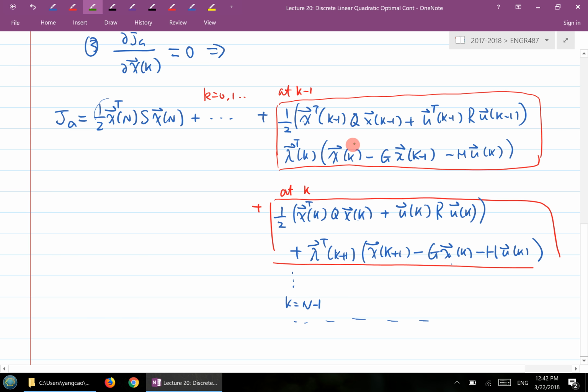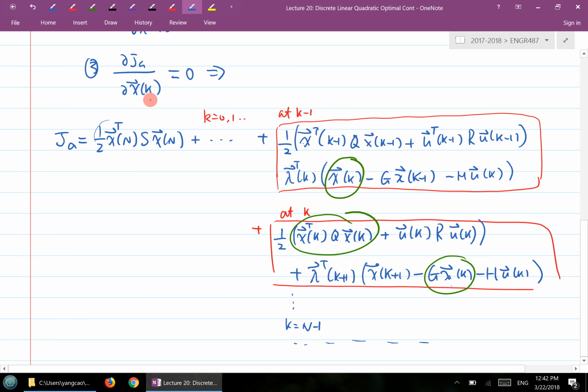Every other term is considered as constant, because they're not a function of x of k. So looking at the partial derivative of J A with respect to x of k, all I'm going to concern is this lambda k times x of k, this 1/2 of this, and then lambda k plus 1 times g times this. That's all you need to concern.